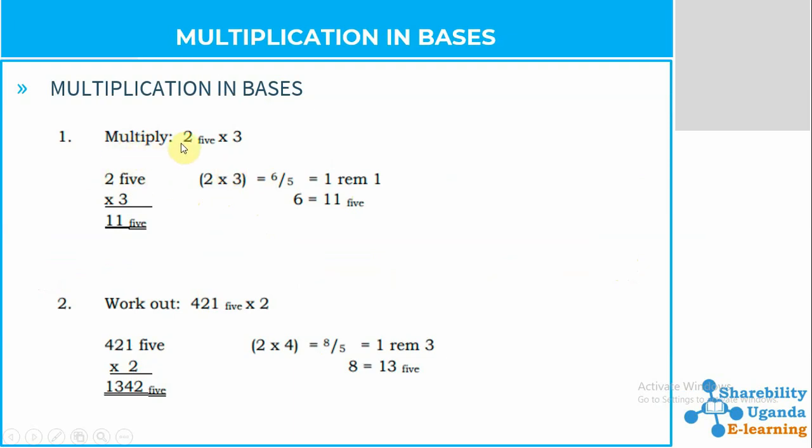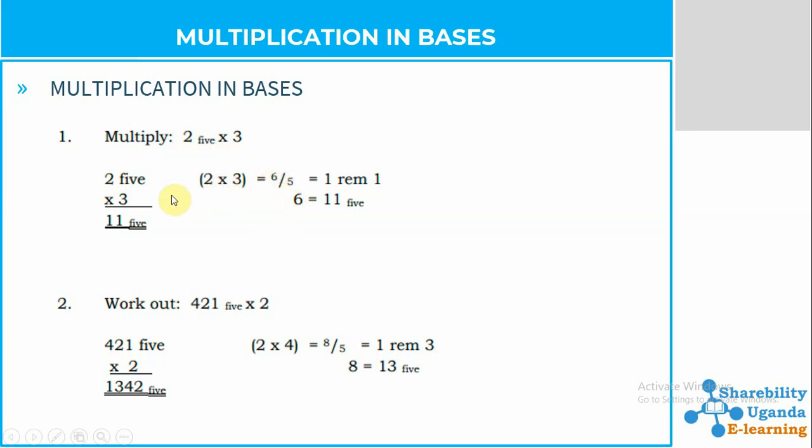They are saying multiply 2 base 5 times 3. The answer that we shall get shall still be in base 5, because we are just multiplying. So we have 2 times 3, which is 6.